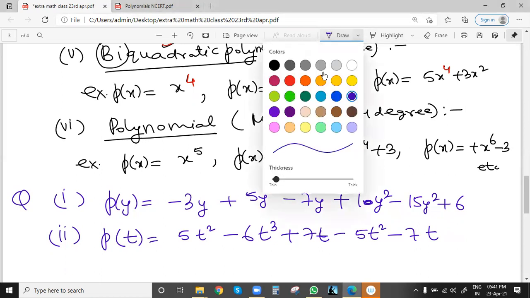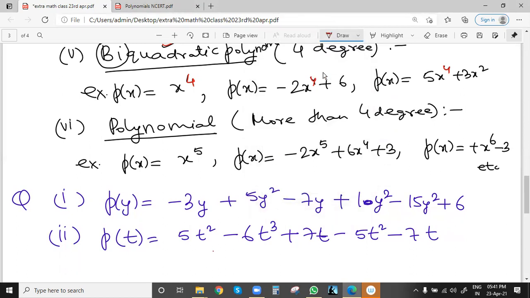The highest degree is 5? Where is the 4? There are 2 minus 5t square terms, right? Let me write the answer for the first one first.